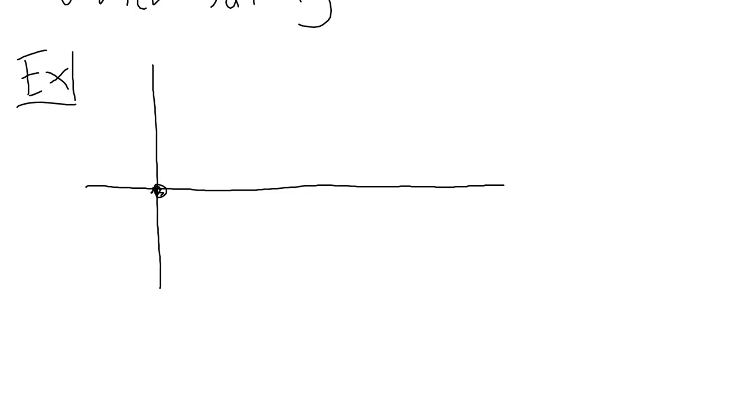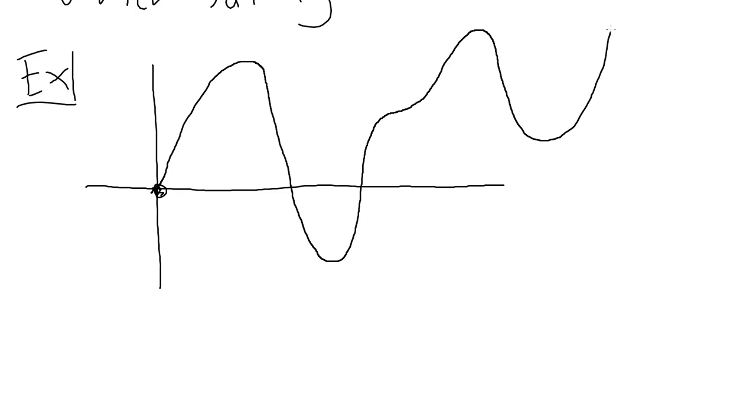So if I had this big crazy function, it's a function because it passes the vertical line test, but we definitely don't have a nice way of algebraically writing this. But we can still look and see where the local maxes and local mins are.